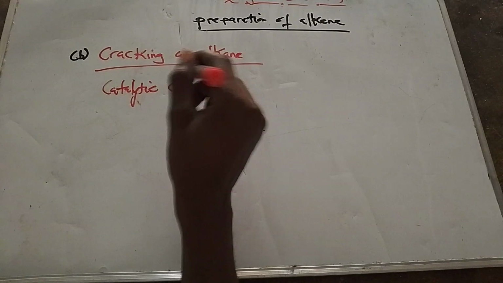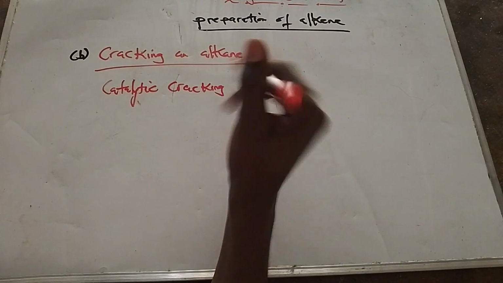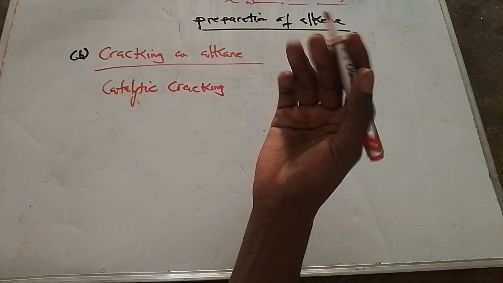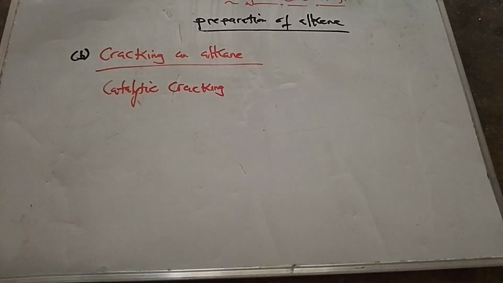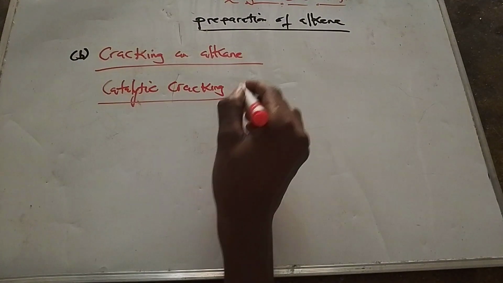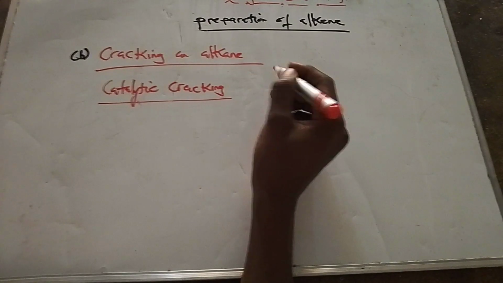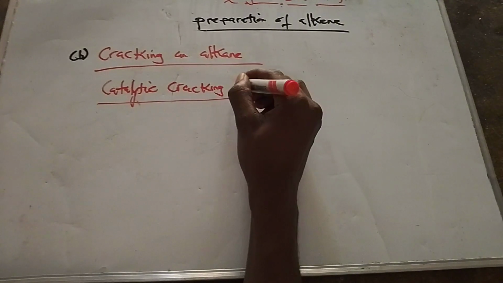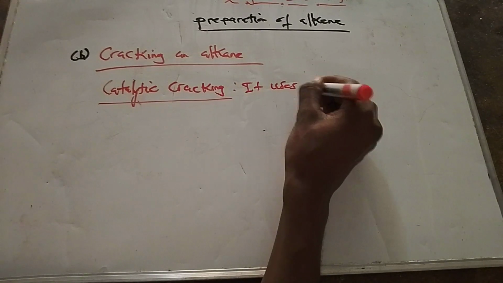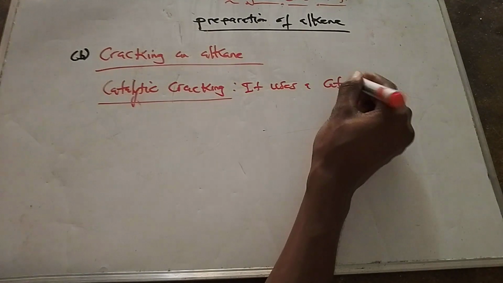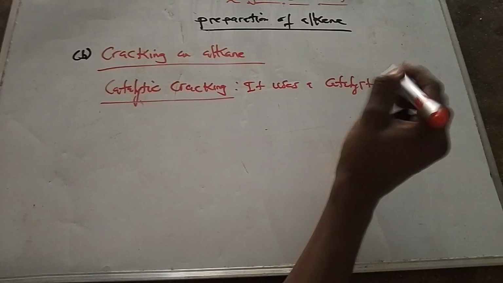From the word catalyst, this process uses a catalyst that will speed up the rate of the chemical reaction for the process to be fast. So under catalytic cracking, it uses a catalyst.